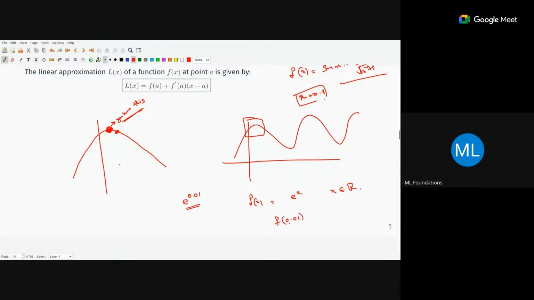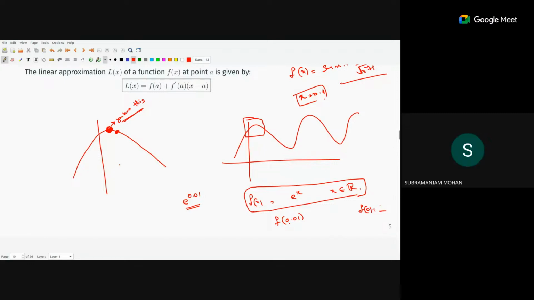And when we say around x is equal to 0, if f of x is equal to e to the power x, what is f of 0? What will be f of 0?